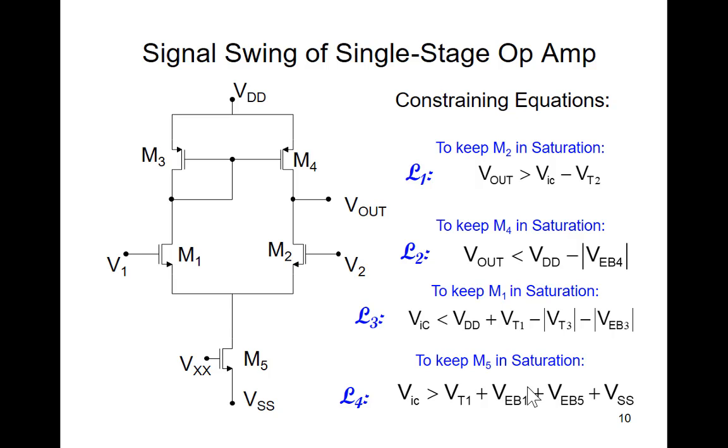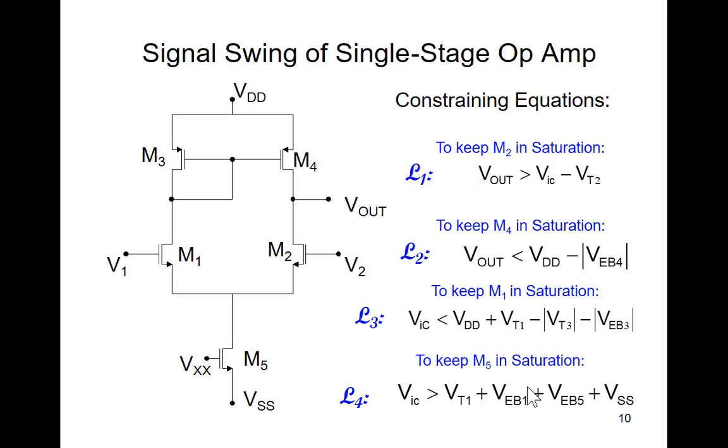Now, let's see, what do we have here? This quantity here is the excess bias voltage of transistor M4.